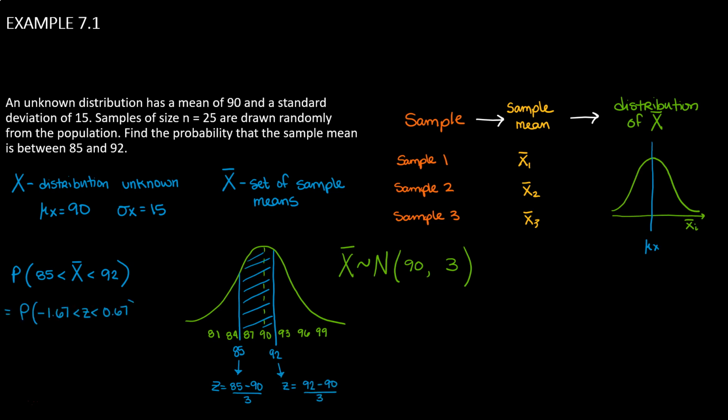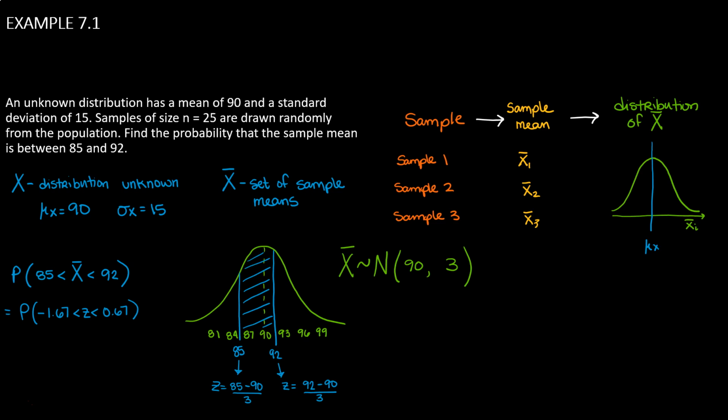Now we can rewrite this as a probability relating to z-scores. Instead of asking what's the probability that a sample mean is between 85 and 92, I can ask the question, what's the probability that our data set follows a z-score between negative 1.67 and 0.67? And again, those values were found using the formulas to convert a variable value into a z-score.